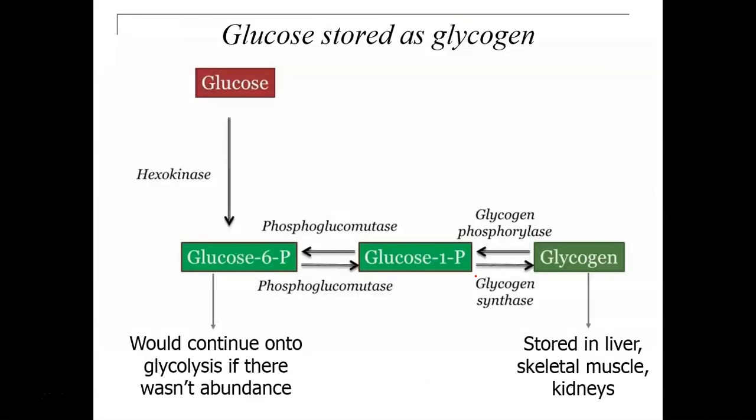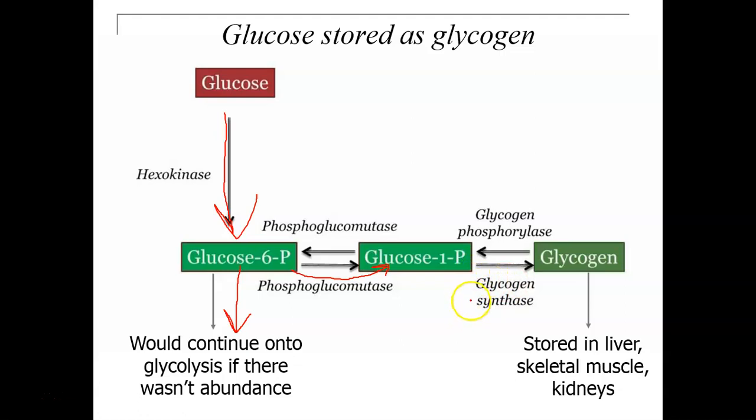Remember that one step I pointed out to you? Glucose becomes glucose 6-phosphate. From there, it can continue on to glycolysis, or that glucose 6-phosphate can become glucose 1-phosphate. When that happens, the next step involves two enzymes, glycogen phosphorylase and glycogen synthase.